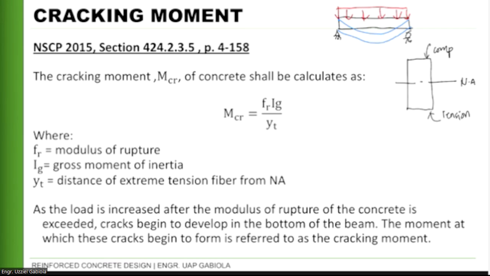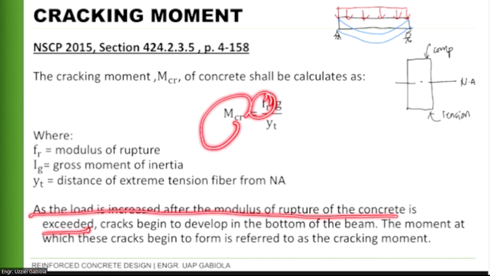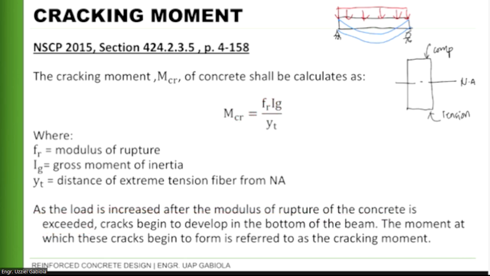As stated here, as the load is increased after the modulus of rupture of concrete is exceeded, until FR is reached, or until the cracking moment is reached, the cracking will start to develop.